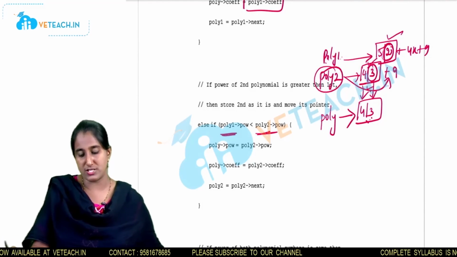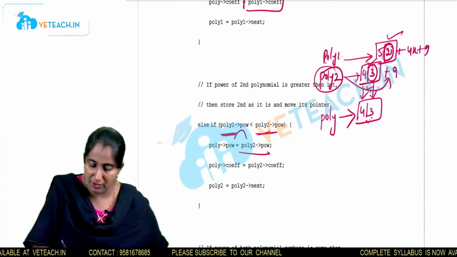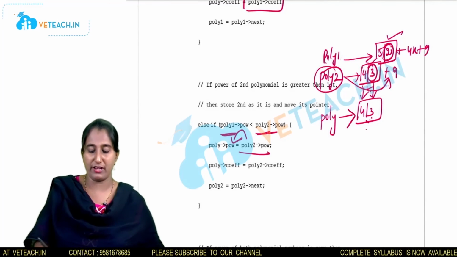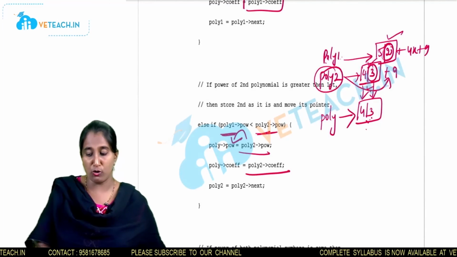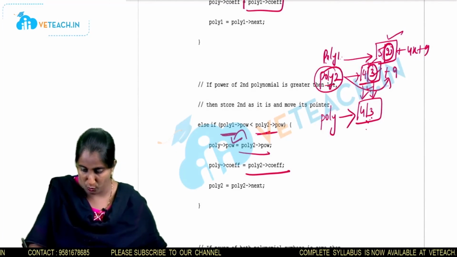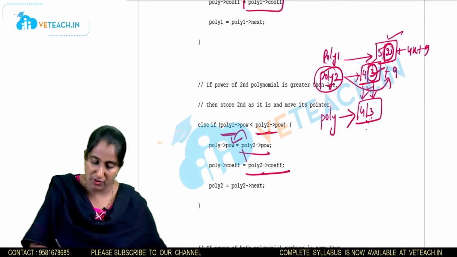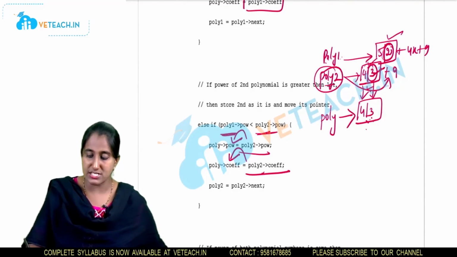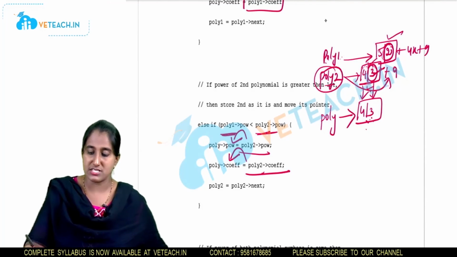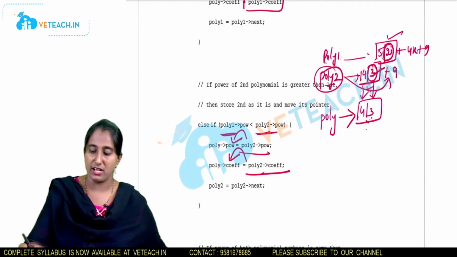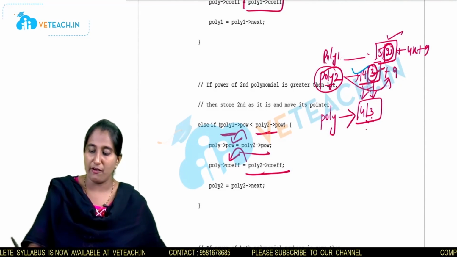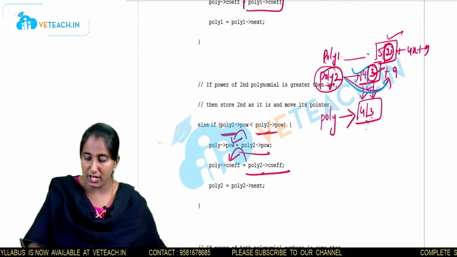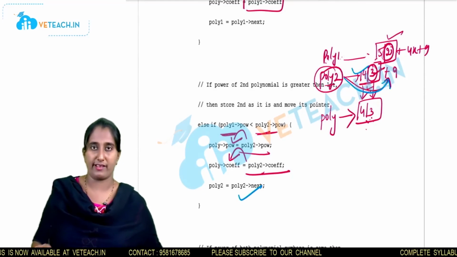Poly will point to this. So the poly 2 power will be carried out to the poly power, and the same for the poly 2 coefficient, this is the poly 2, this is the coefficient. This poly 2 coefficient will be carried out to the poly coefficient. And as this term has been considered, we need to move the poly 2 to the next node.